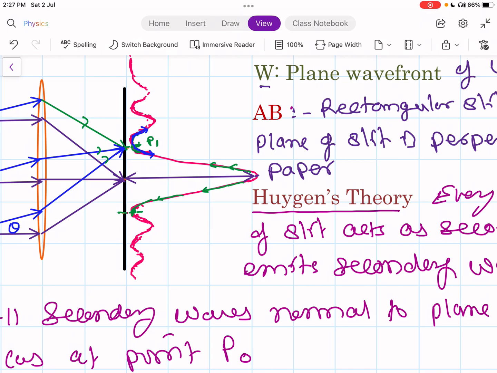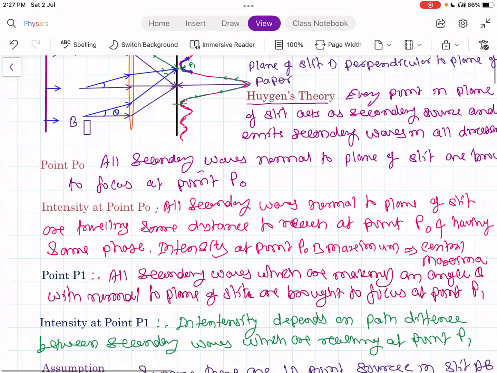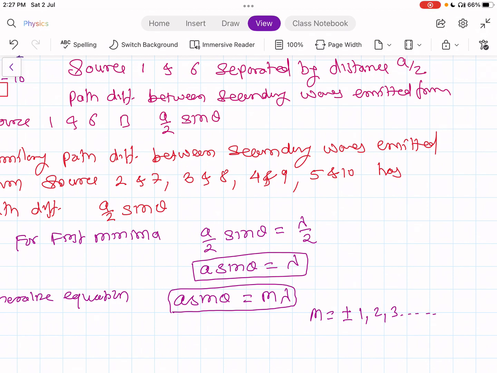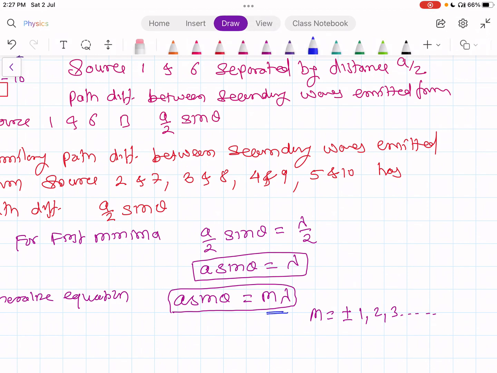And now what we got is the equation for the minima, which is a sin θ = mλ. This equation gives us the angle of diffraction θ, that is, in which direction we'll get the minima, that is, a minimum intensity. But there is a variation in the intensity that we cannot find out using this relation.